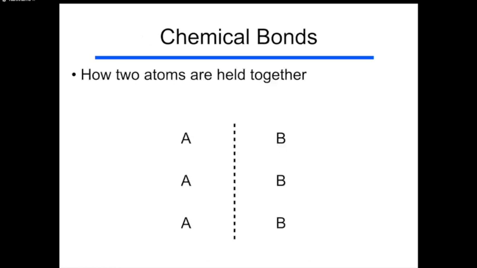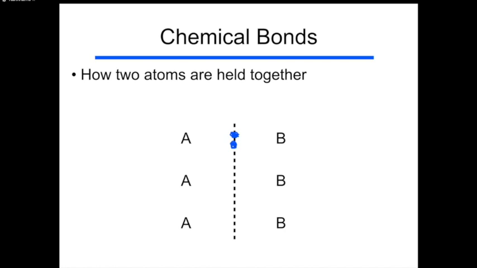Now I'm going to talk about two possible atoms coming together and reacting. Atom A and atom B will both put in at least one electron and interact with each other. One electron and another electron will pair between them, and I'm showing the electrons as dots.